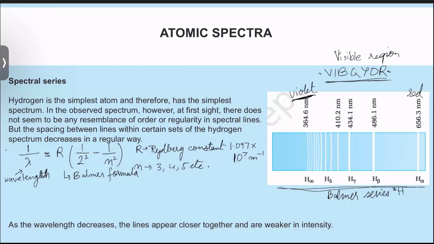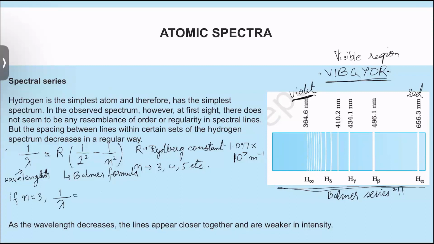So suppose we take n as 3, as per the equation. If n is equal to 3, 1 upon lambda is equal to 1.097 into 10 raised to 7, now you have 1 upon 2 square, your n is 3, so 3 square.